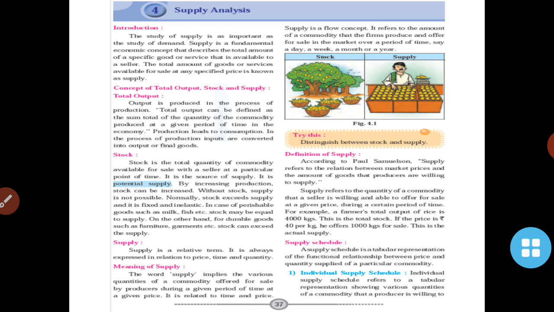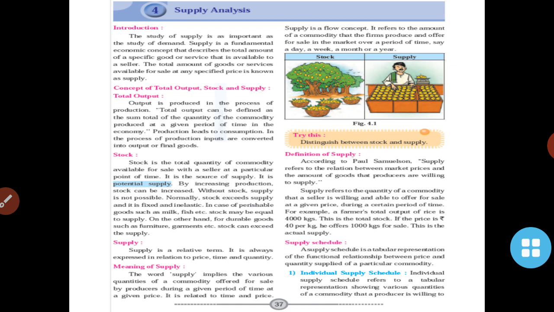Now here input and output of goods is given. Production leads to consumption. In the process of production, inputs are converted to output or final goods. The production which the company is doing is more important. It means how much the total demand is, how much production we need, that is an important part.